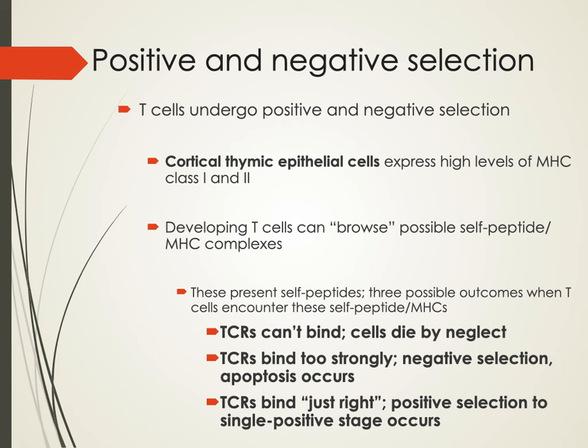So you want to remove those ones because again, they could kind of artificially activate. So those undergo negative selection and apoptosis is induced. You're looking for the Goldilocks. You're looking for the one that binds just right, not too strong, but still able to bind. Okay, and so those undergo positive selection, so they become single positives.